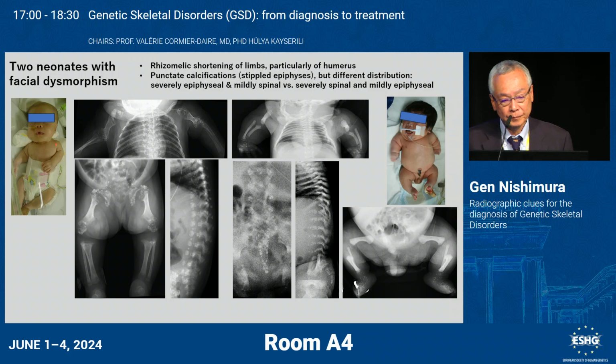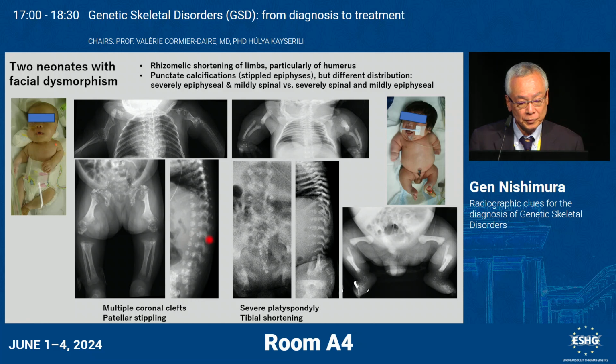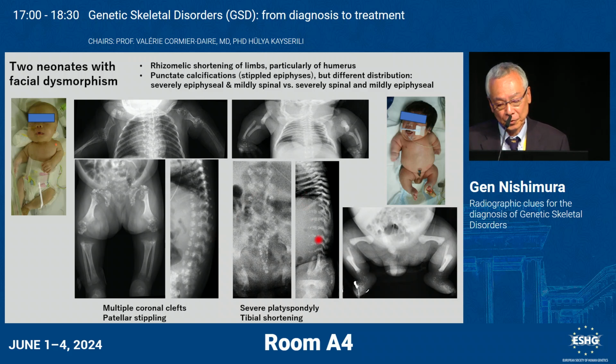On your left, you can see multiple coronal clefts and patellar stippling. And on your right, you can see severe platyspondyly and tibial shortening.